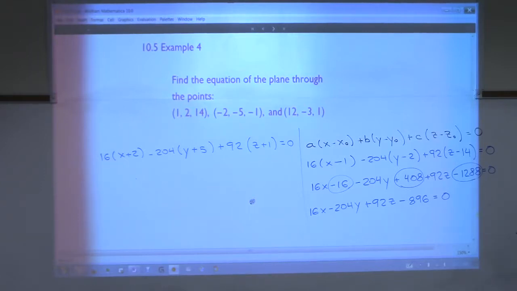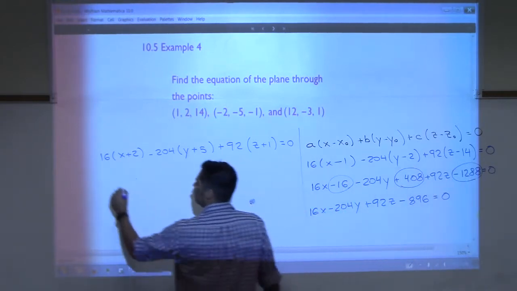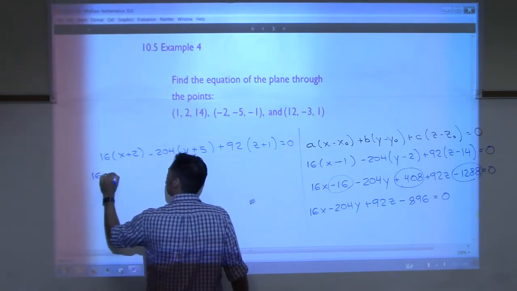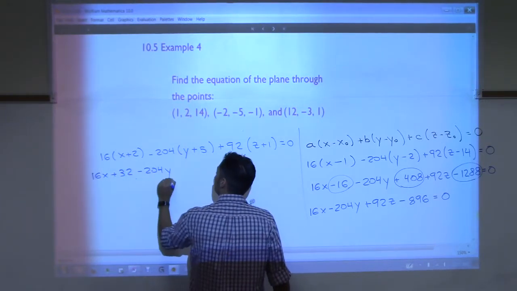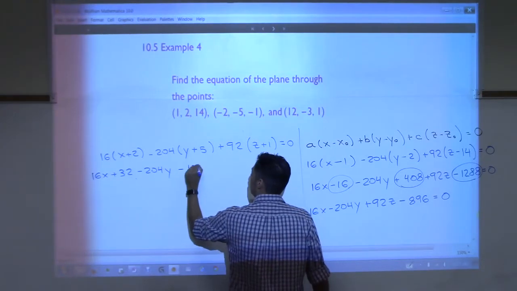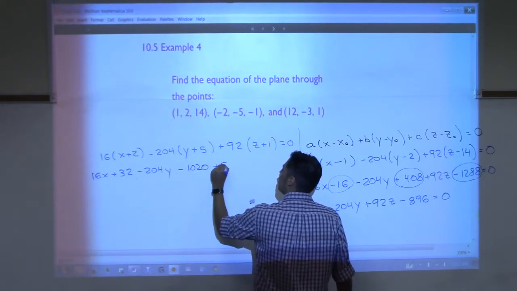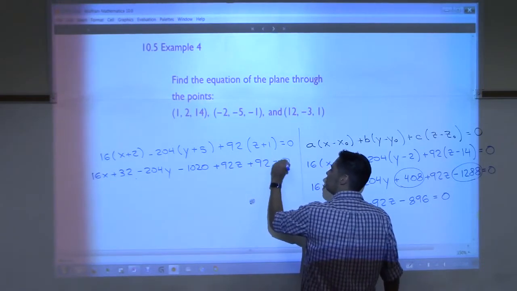Good? All right, just to show you, this should give us the same thing. 16x plus 32, minus 204y, minus 1020, and then plus 92z, and then plus 92 equals 0.